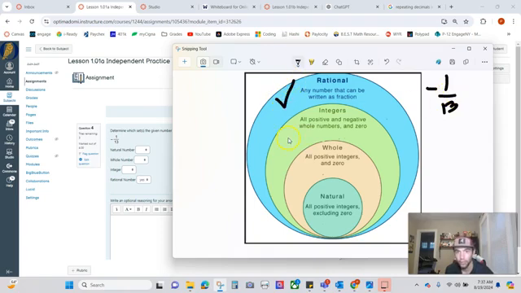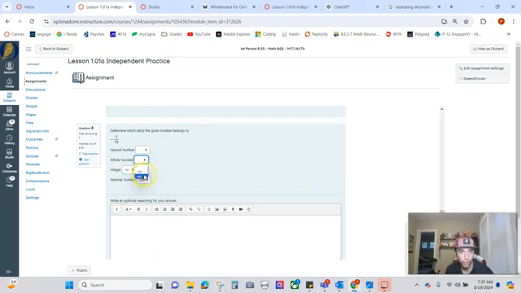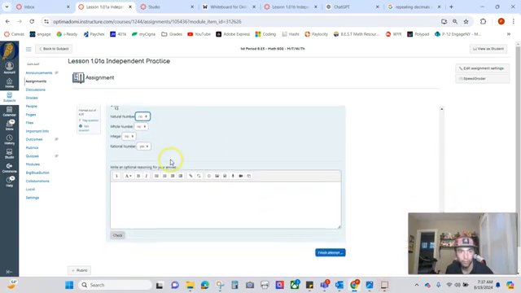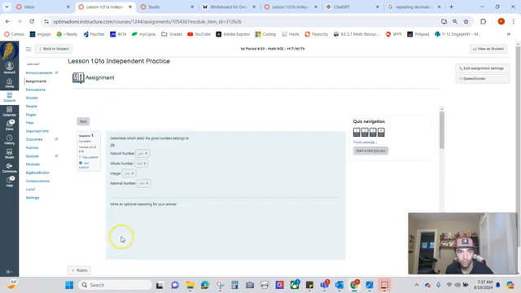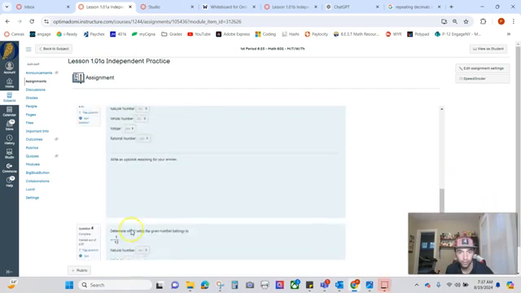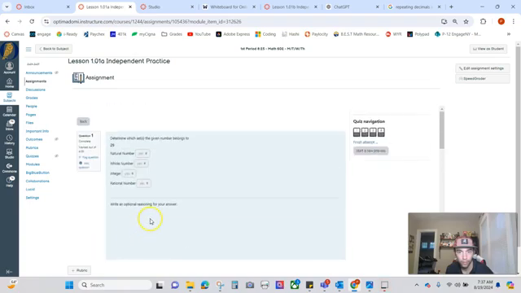So it is a rational number, but it's not an integer, which also means it's not a whole number and not a natural number. Fractions and decimals usually are just rational numbers. So here I can say no, no, and no. And then I check. Did I get it wrong? Nope, I did not get it wrong.